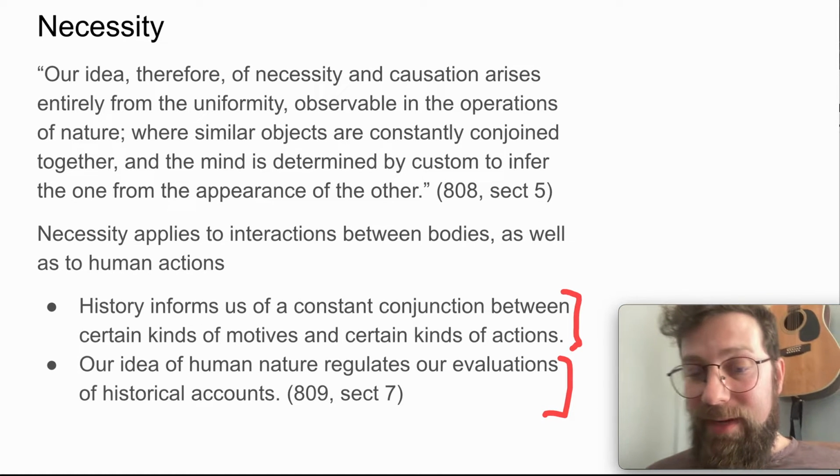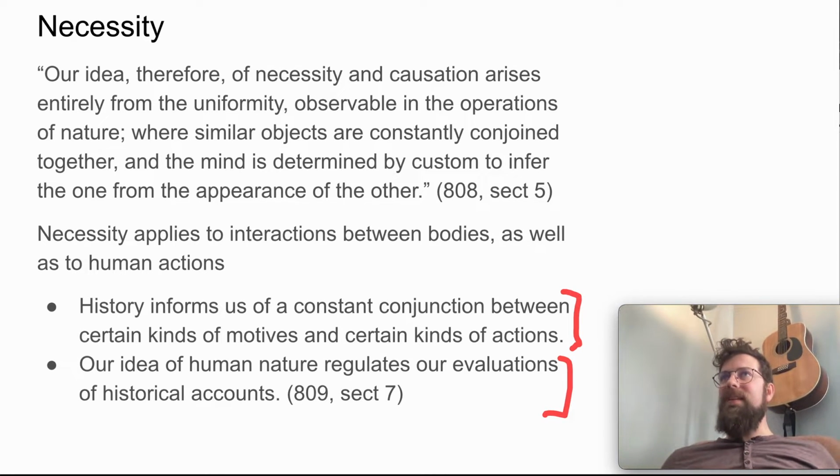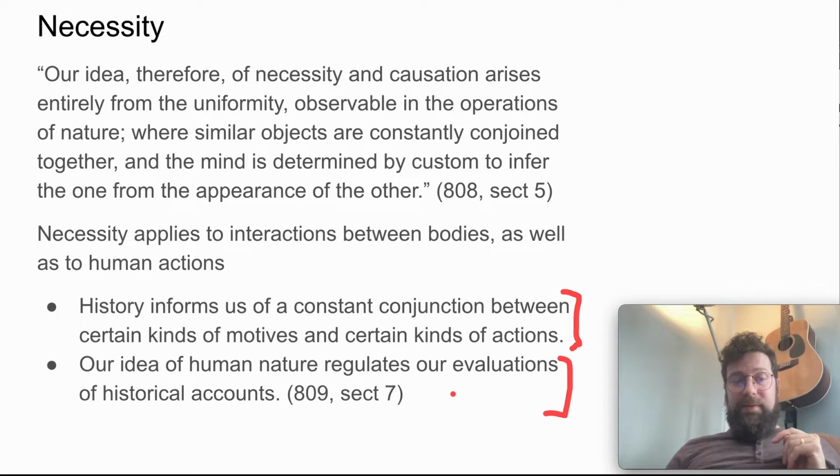So if you were to read a history of Rome, but this history painted human beings as having such characters that they had no jealousy or no will of their own, that they were completely peaceful beings, you could imagine some kinds of histories which give us very strange pictures. Well, Hume is actually going to say that insofar as a historical account departs from our understanding of how human beings actually work, that's going to be a reason to discount the credibility of that historical work.